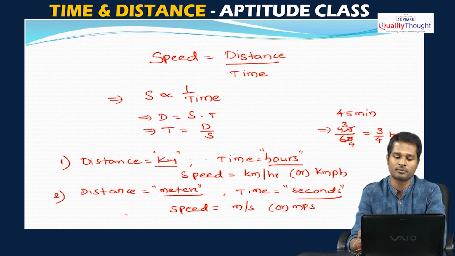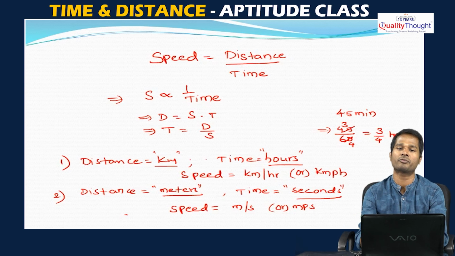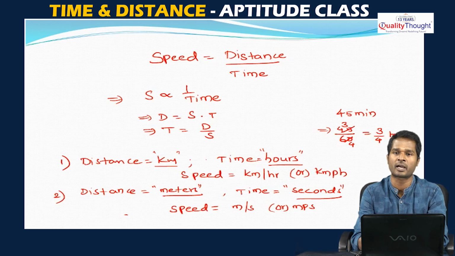These are the first basic things we need to know before we solve questions related to time and distance. Again, if the distance is given in kilometers, the time should be taken in hours, so the speed will be calculated in kilometers per hour. When the distance is given in meters, you need to take the time in seconds, so the speed will be calculated as meters per second.